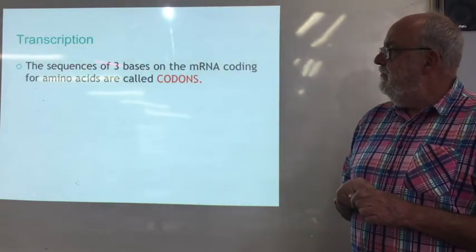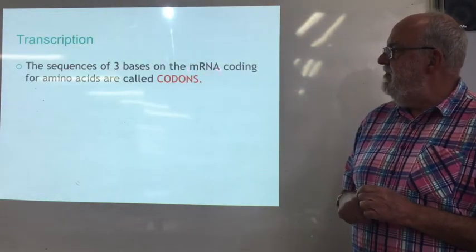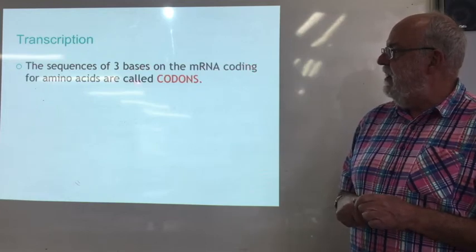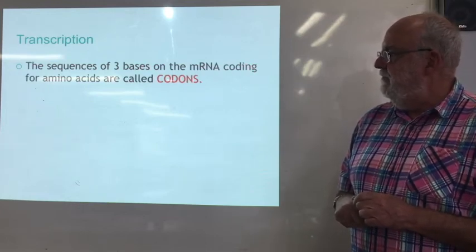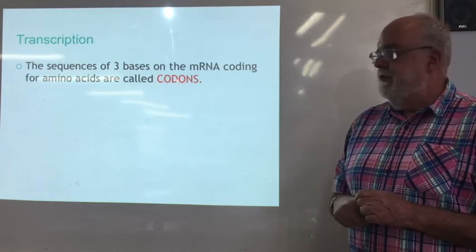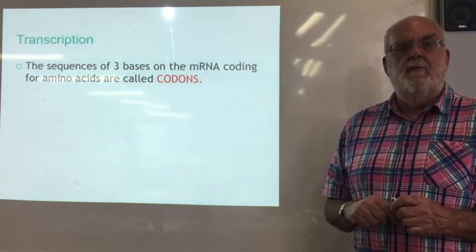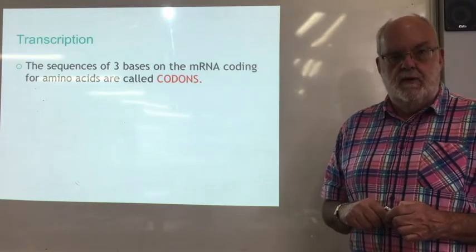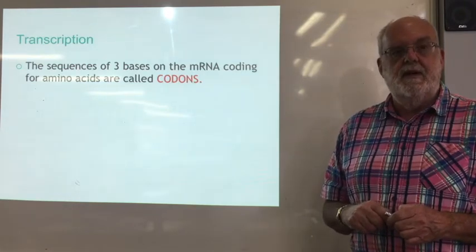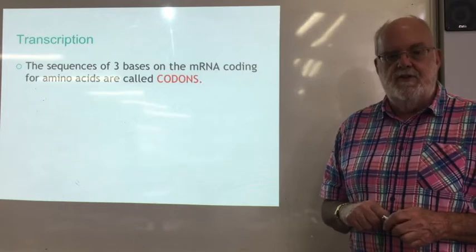New word. The sequence of 3 bases on the messenger RNA coding for amino acids are called codons. Okay, so the base triplet on the DNA has now been converted into a codon of complementary bases on the molecule of messenger RNA.